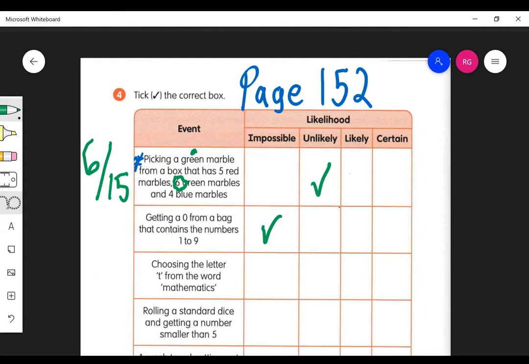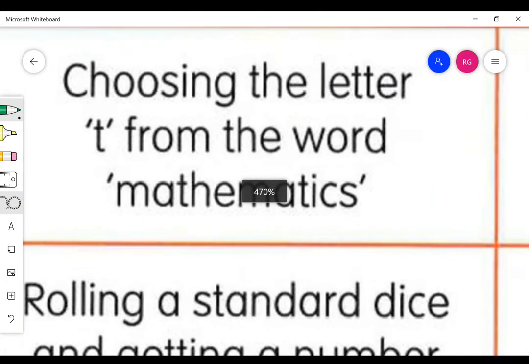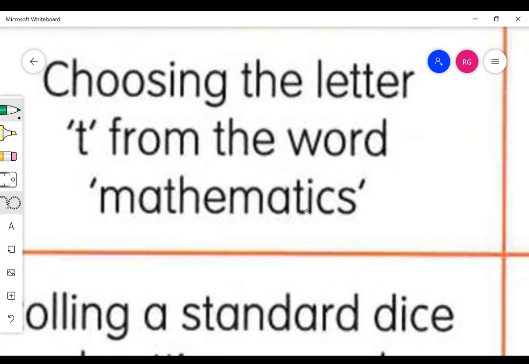All right. Next it says choosing the letter T from the word mathematics. All right, so let's zoom in there on mathematics and count the number of T's. So we have 1, 2 T's, and how many letters total? There's 1, 2, 3, 4, 5, 6, 7, 8, 9, 10, 11.